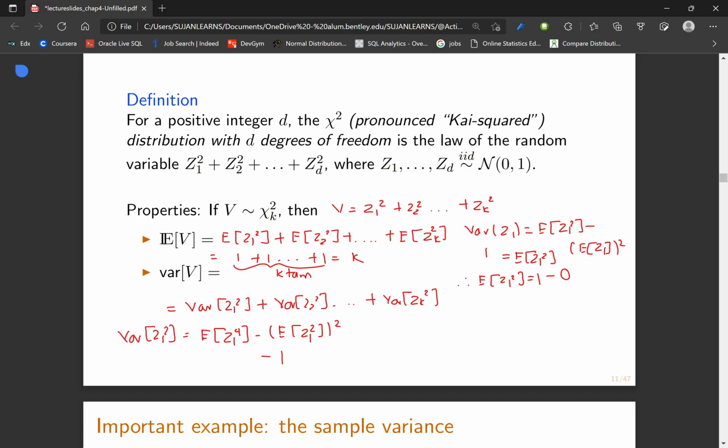It is a well-known parameter. Therefore, variance of Z1 square is 2. Now there are k terms. There are k Z square terms. Therefore, variance of V is equal to 2k.